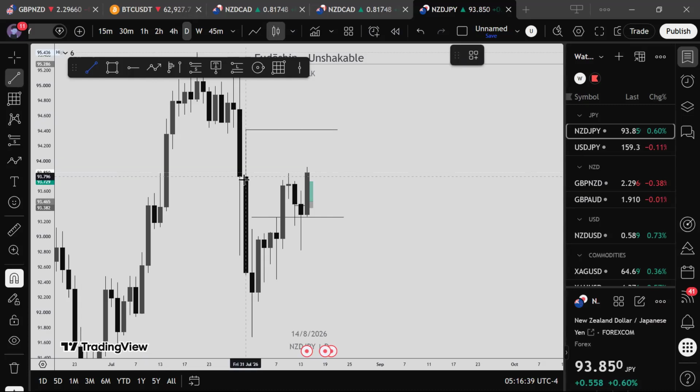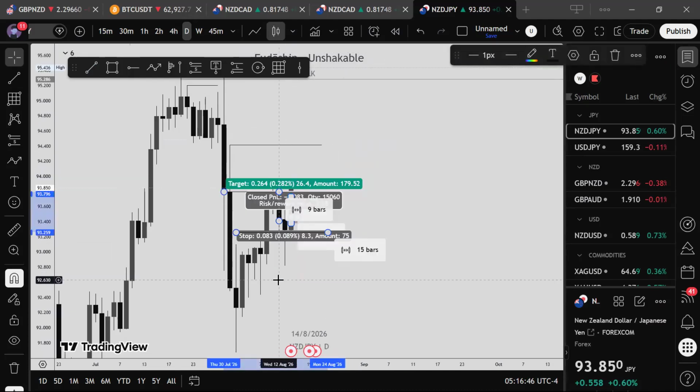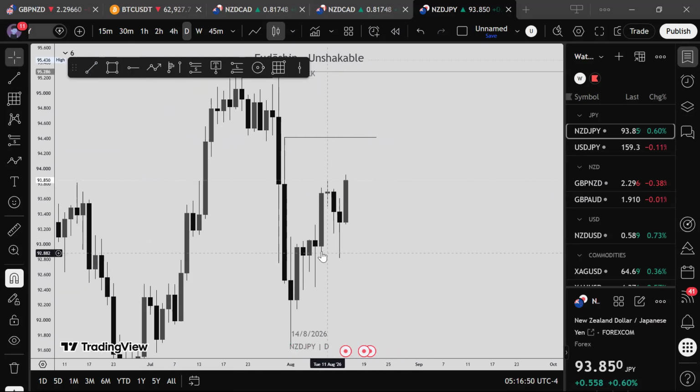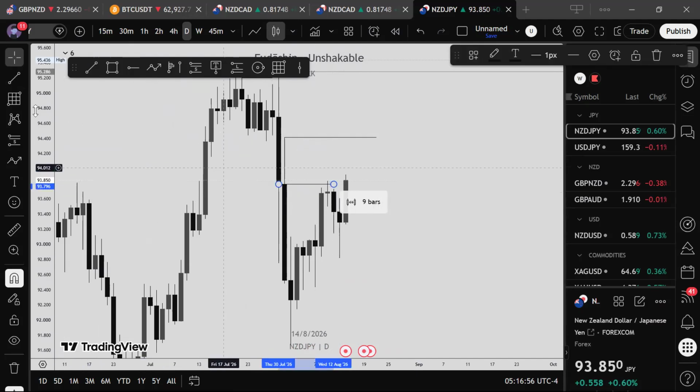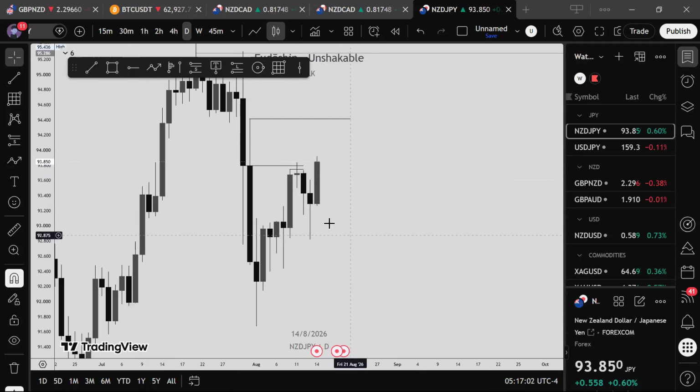I also had this zone, this open close key level on the daily. This one here is my expectation for next week up to here. So what I had on my trade was I had this previous daily high swept right here, and it tapped into this open close.